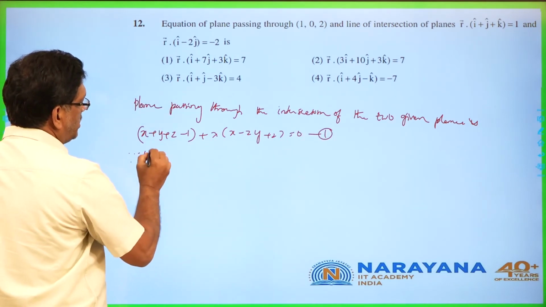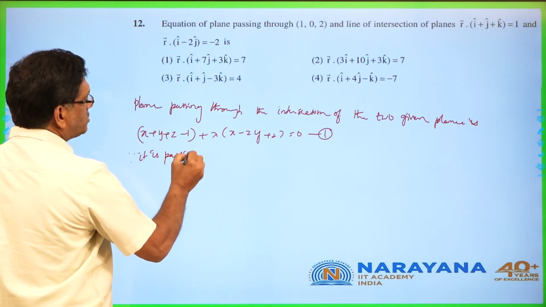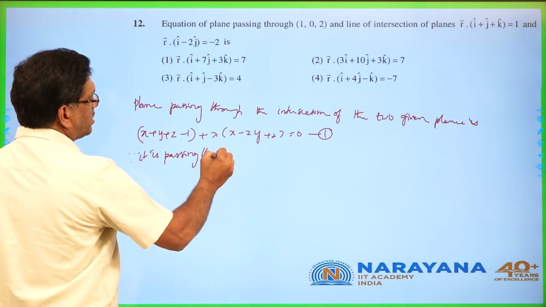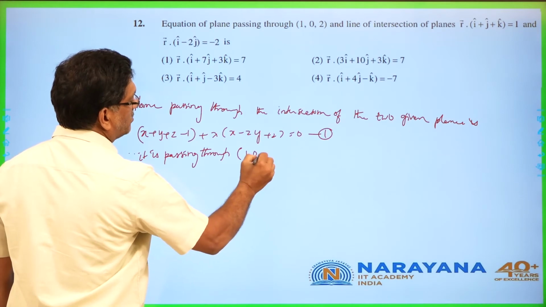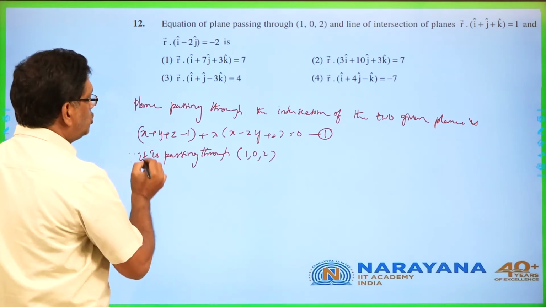Since it is passing through this required plane, passing through one point he has given, 1, 0, 2.